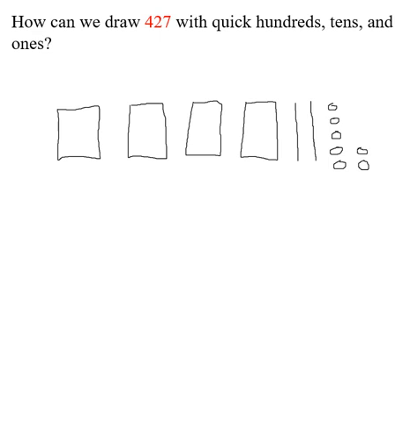Now I want to check my work to make sure I have it right. So I have 100, 200, 300, 400, 410, 420, 421, 422, 423, 424, 425, 426, 427.